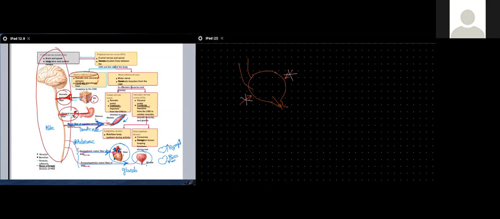So in order for me to have the best regulation of those organs, heart, smooth muscles, and glands, I have again two subdivisions of the autonomic nervous system. Sympathetic nervous system and the parasympathetic nervous system. Questions?